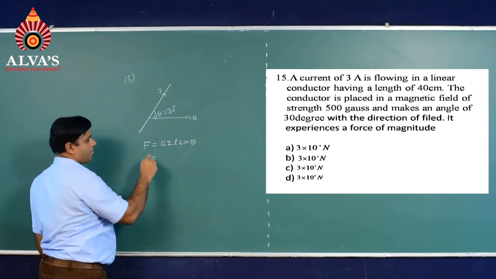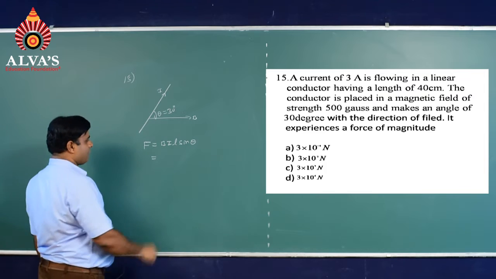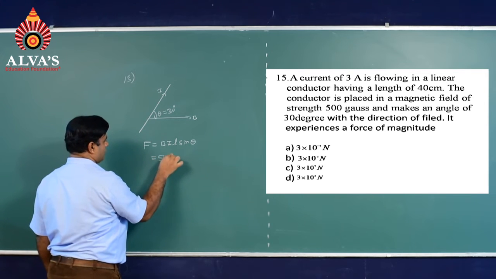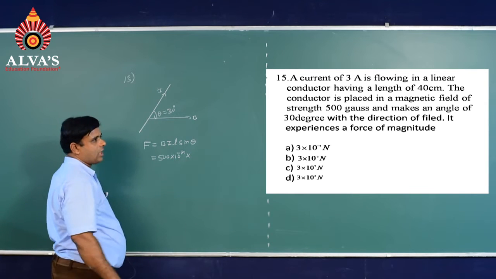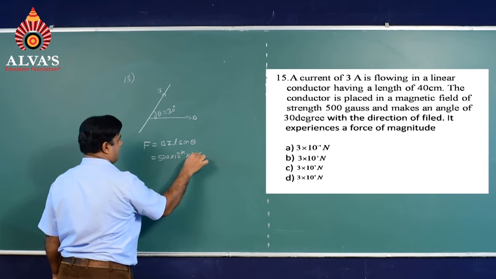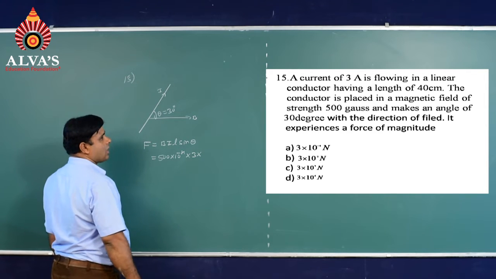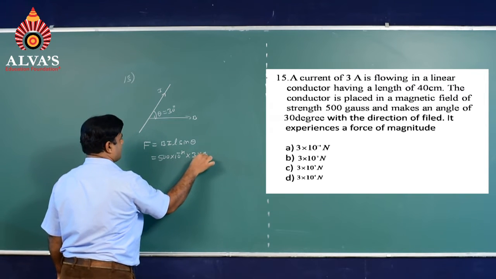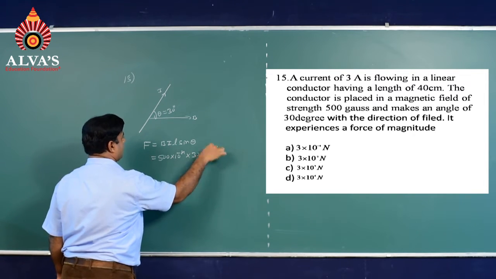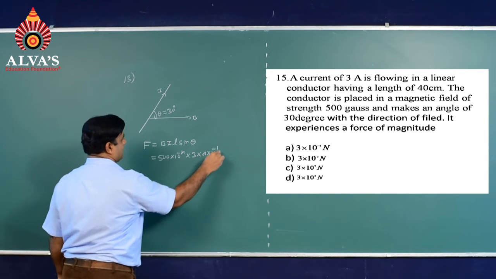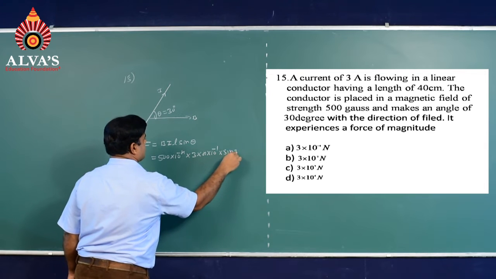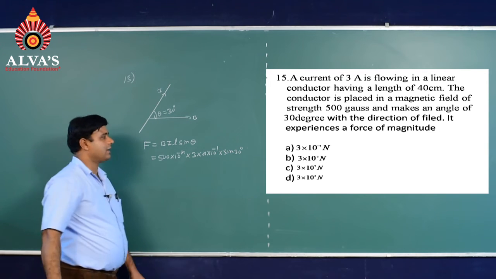Magnetic field is given as 500 Gauss; convert it into Tesla: 500 into 10 to the power minus 4. Current is given as 3 ampere, and length is given as 40 centimeter, which is 4 into 10 to the power minus 1 meter, into sin 30 degrees.